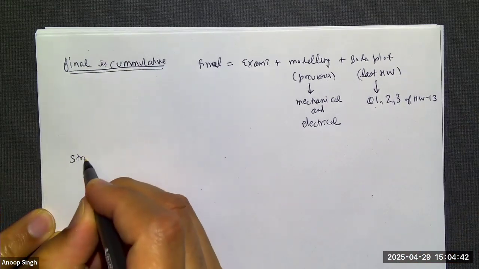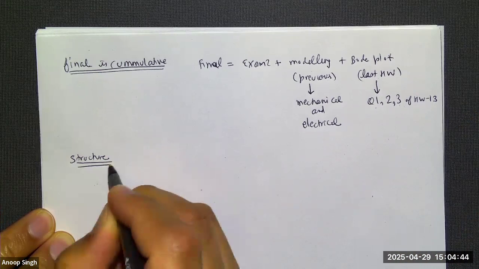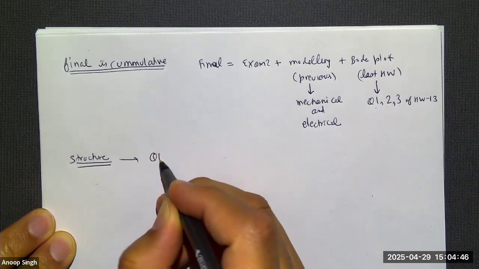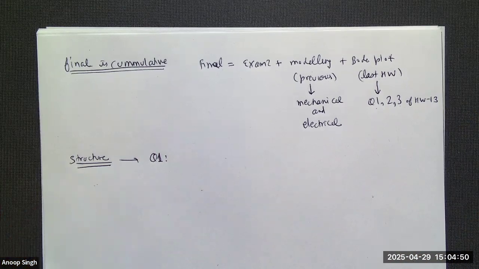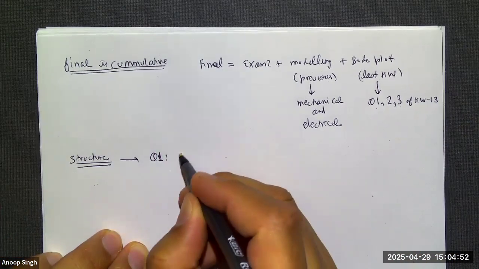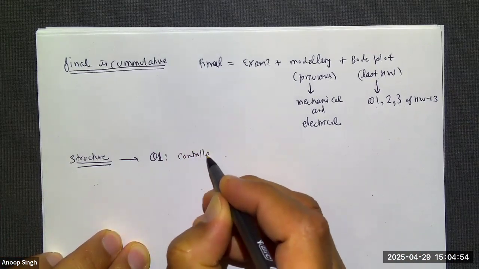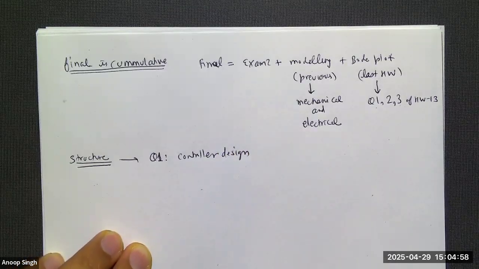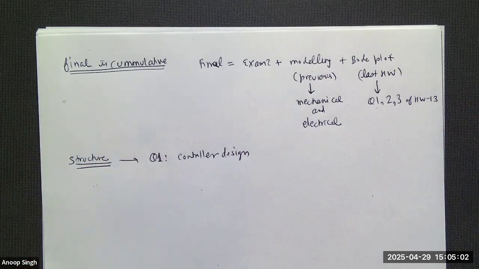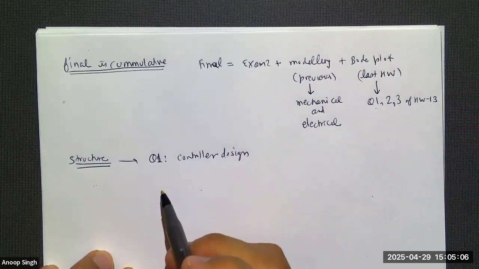So let's talk about the structure of the exam. So the exam is going to have question number one. See, the gist of this class is controller design. That's my main focus. So question number one is going to be a controller design problem. Kind of like your exam two, sorry.